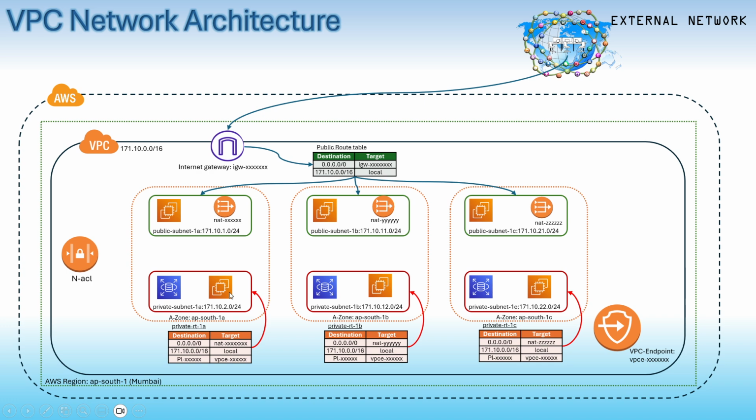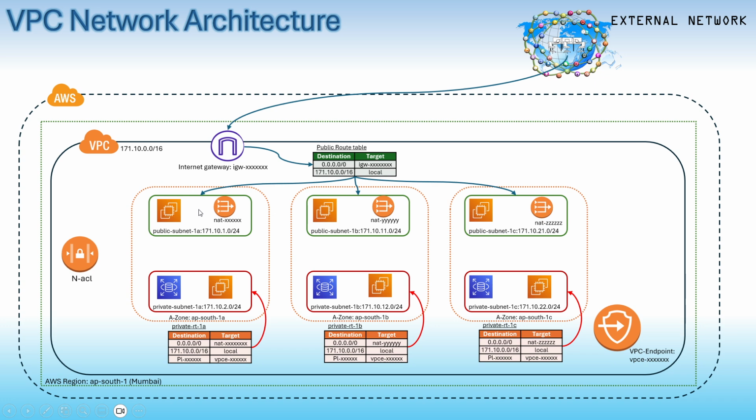But in a disaster scenario, if one availability zone shuts down or anything goes wrong, then your other subnets' outbound requests are blocked. So generally, for high availability, you need to have a specific NAT gateway in each availability zone.